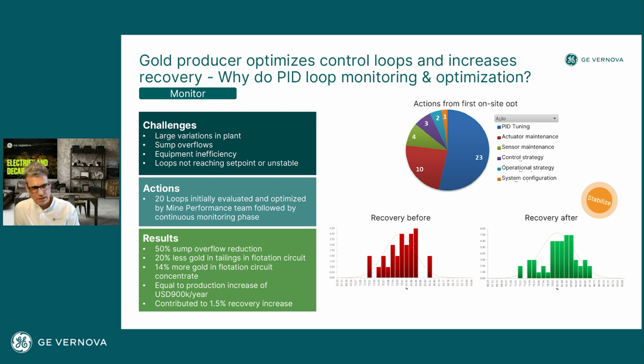You can see here nearly $1 million a year worth of increased production, 1.5% increased recovery, and significant stabilization in operations. So you can see here, just monitoring and optimizing PID control loops can have rapid and significant benefits for industrial plants.